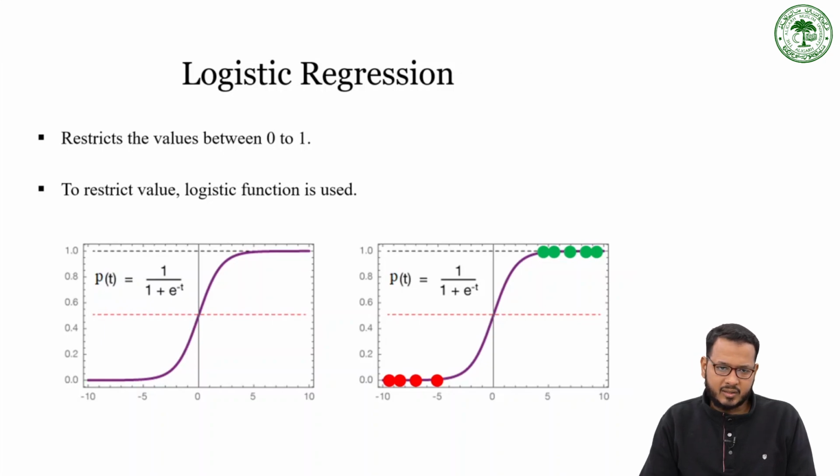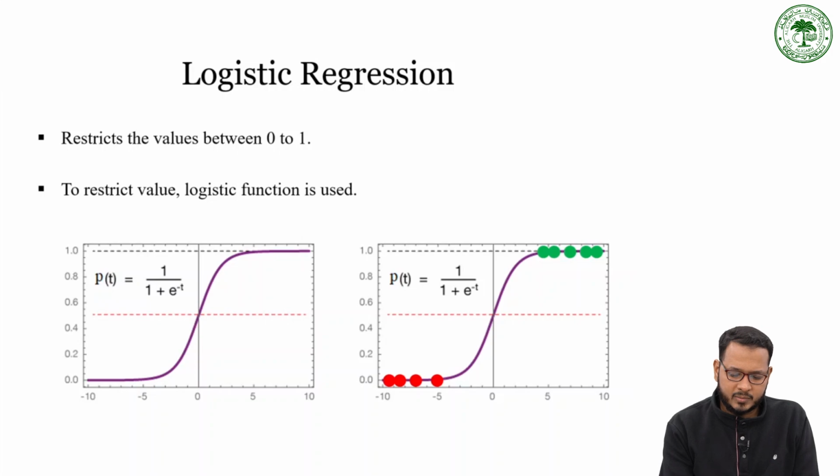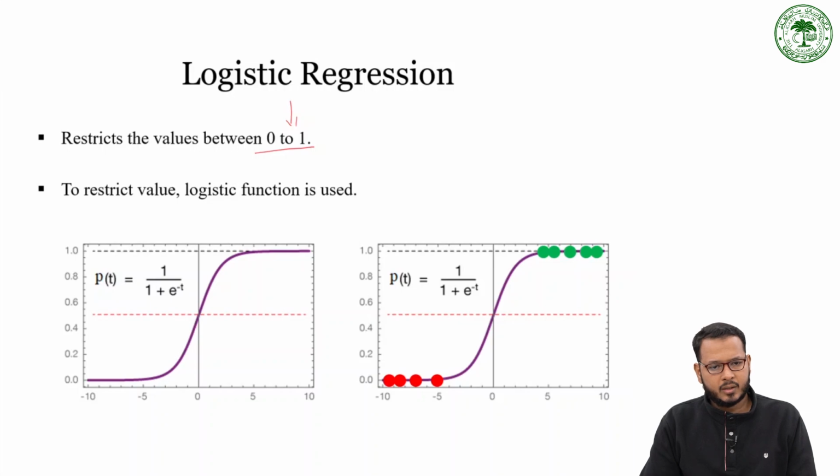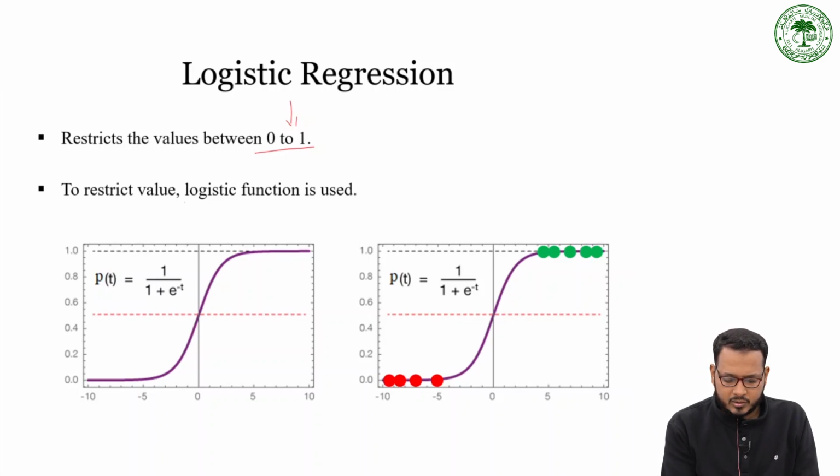Then comes logistic regression. In logistic regression, the primary objective is to restrict the values between 0 and 1. For that, we use a function called the logistic function.